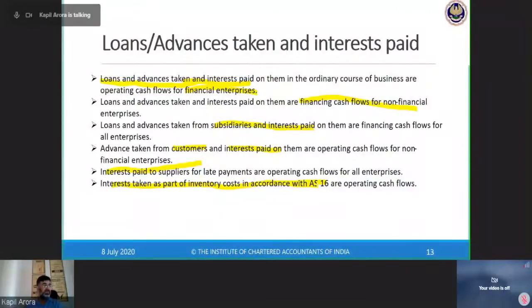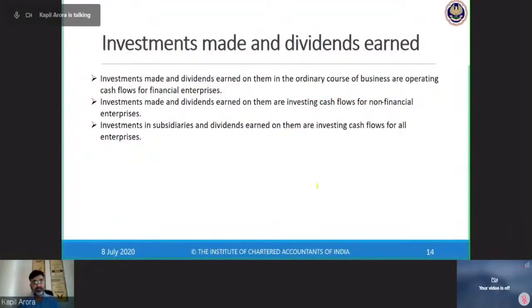The treatment of dividend and interest paid and received in indirect method, so something will definitely come, right? So we have everything which is mentioned here.